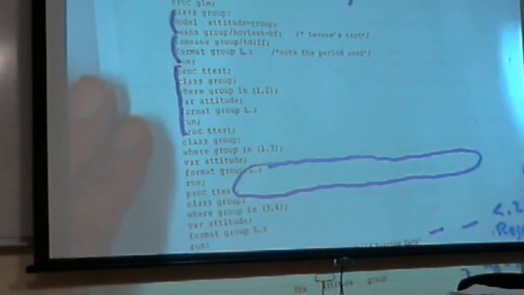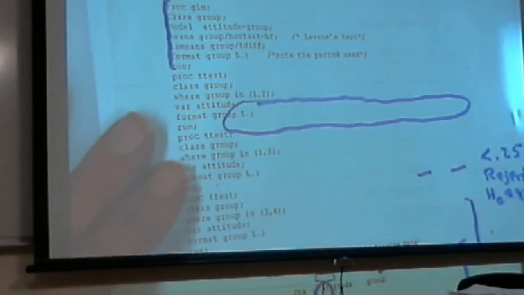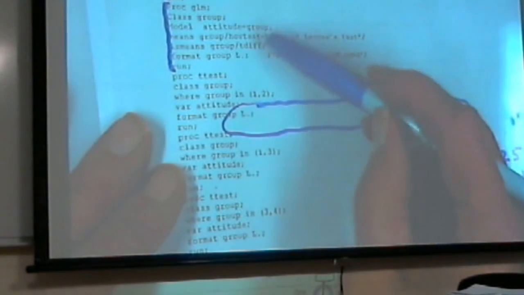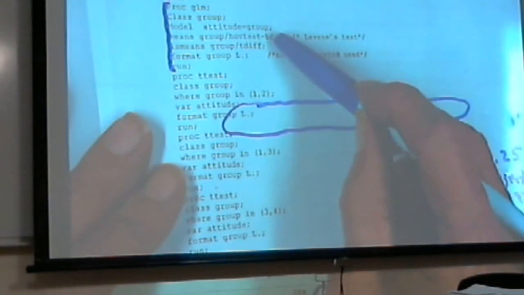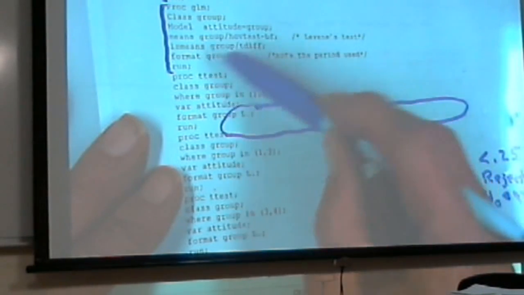So then we come to, what did I ask for next in here? It was right in here, still in the proc GLM. There's the means test. So now we're on this least squares means group slash tdiff. And use the format.